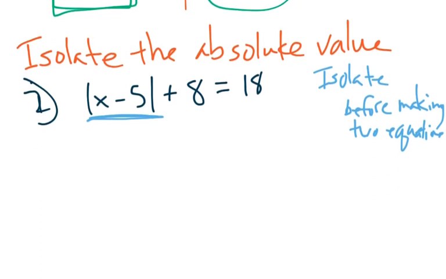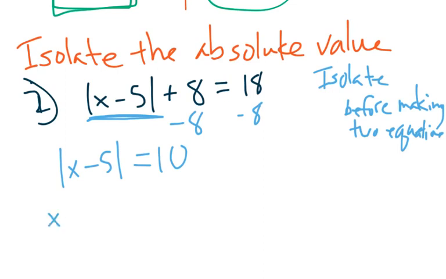So what I'm going to do is subtract 8 from both sides, and then I'm going to have the absolute value of x - 5 is equal to 10. Now I can break this into two separate equations. x - 5 = 10. x - 5 = -10.